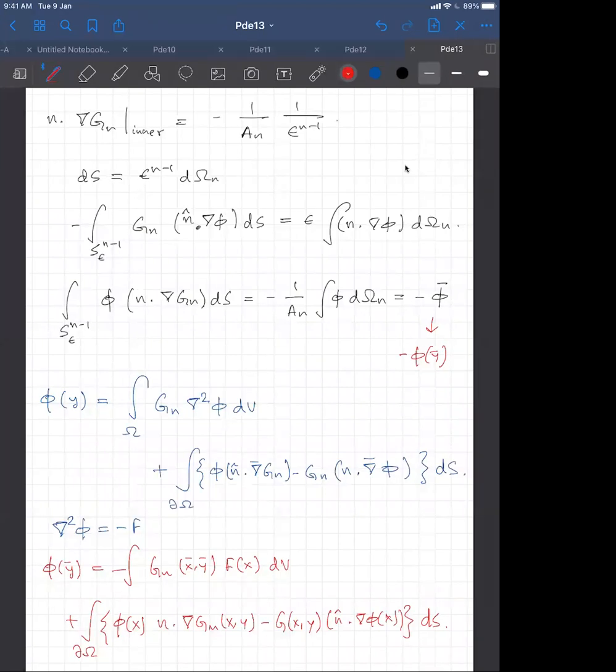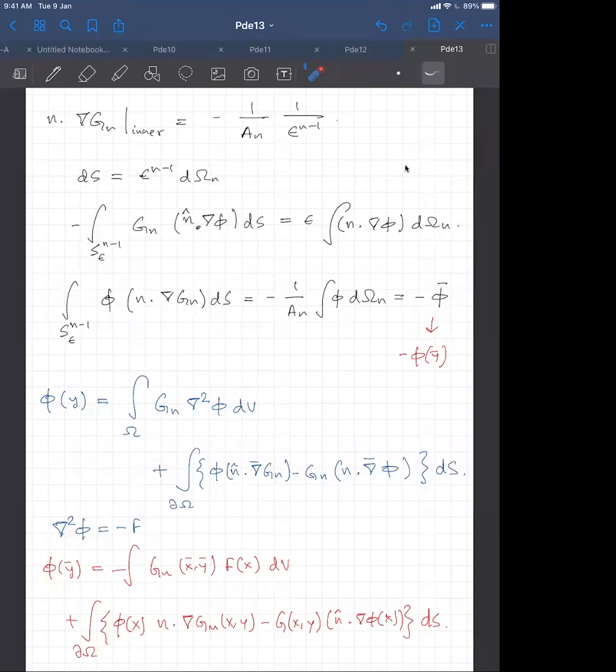Provided phi and del phi tend to 0 suitably fast asymptotically at large distances, you can drop these boundary terms, and you're just left with the first term. In that case, Green's third identity shows that Gn is the free space Green's function for the Poisson equation.